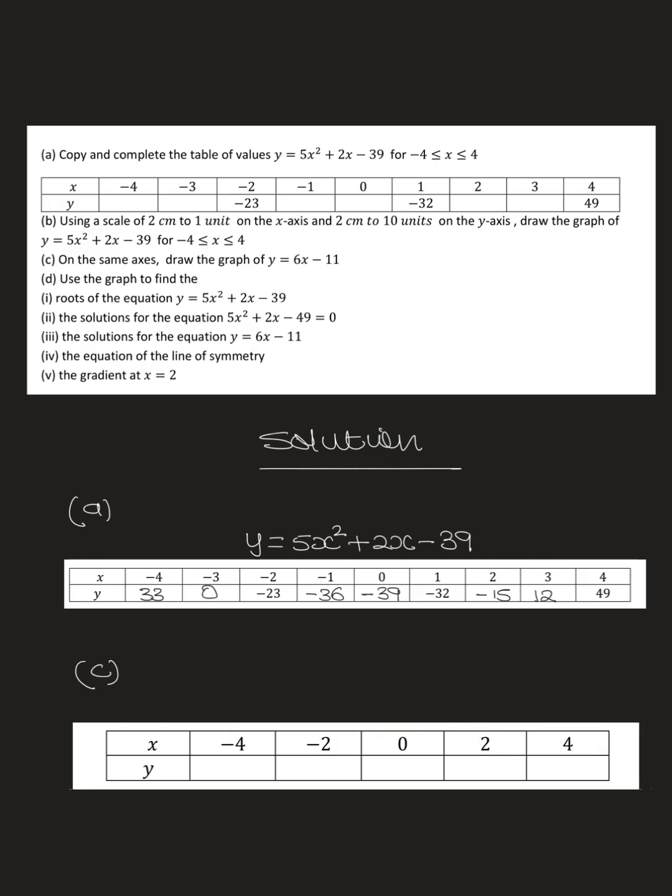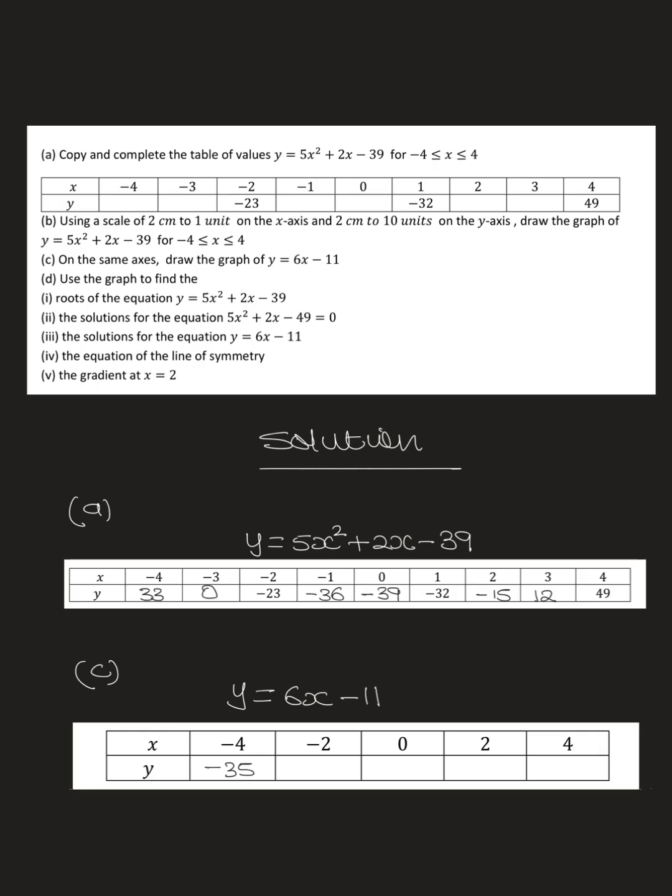Knowing these values will help me draw the linear graph of y is equal to 6x minus 11. So by substituting the values of x into the equation, we are going to have y is equal to minus 35 when x is equal to minus 4.